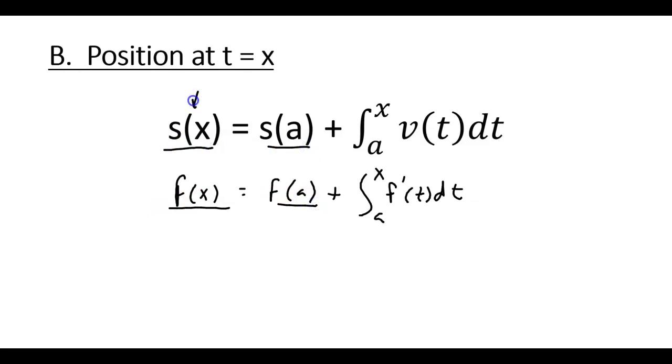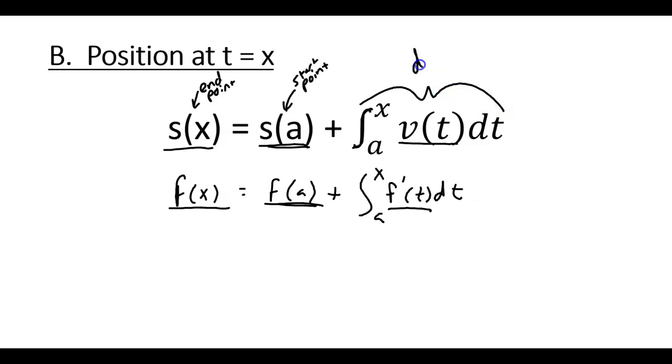So this would be my ending point, and this would be my starting point. V of t is the derivative of s, just like f prime is the derivative of f. So when we integrate it from a to b, that's going to tell me my displacement, which before, when we were talking about other kinds of problems, we called net change.